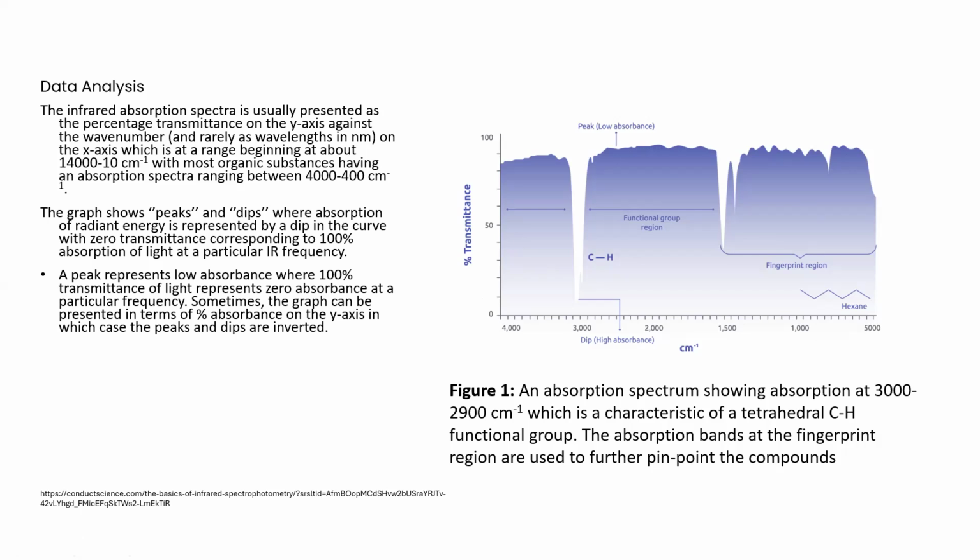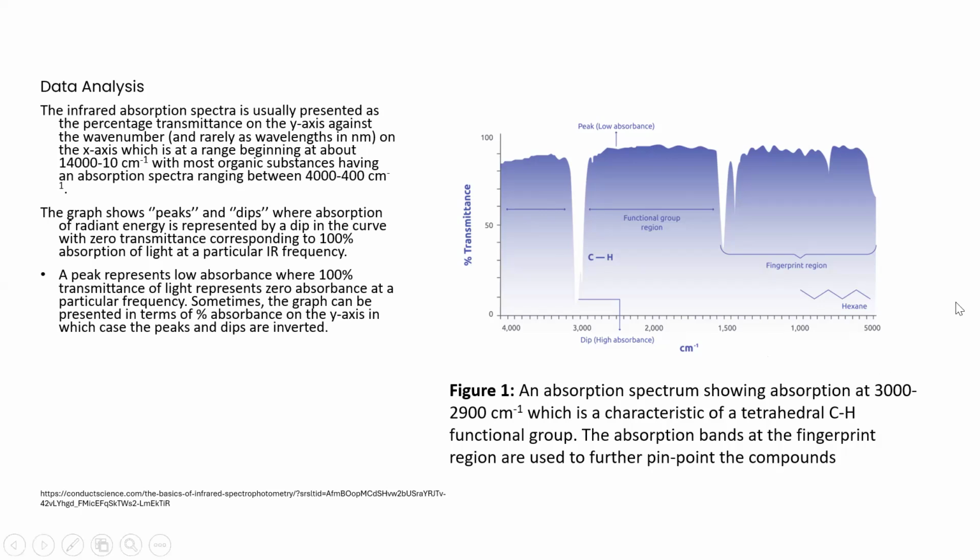So percent transmittance is the other way of expressing. Either you express absorbance or you express transmittance. Here it is percent transmittance. So out of 100% of light that was allowed to pass through the sample, how much is transmitted? That means how much is absorbed. Here transmittance is placed, and transmittance is always expressed as percent transmittance.